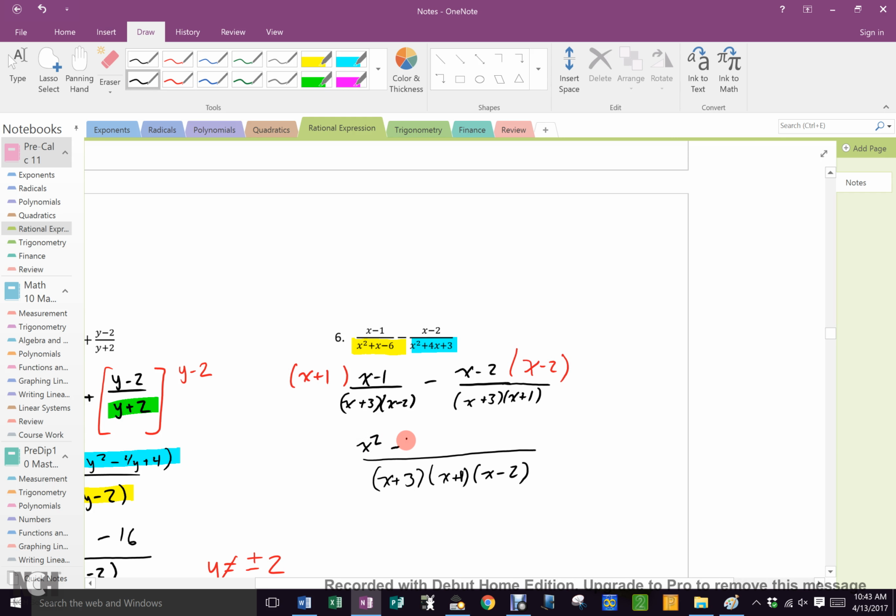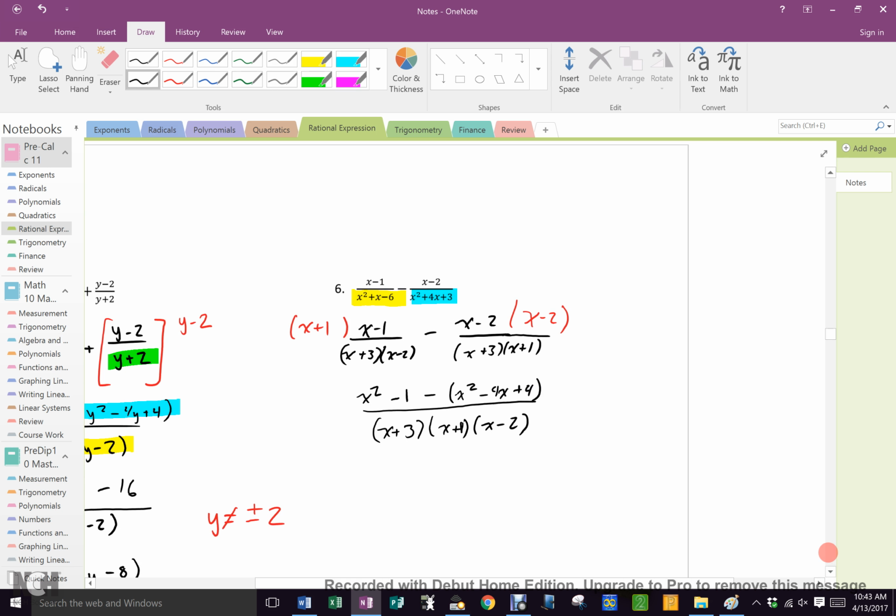X squared minus 1 minus x squared minus 4x plus 4, yes? Simplify again. What's x squared minus x squared? Gone.